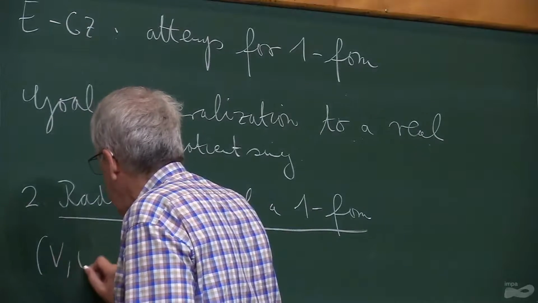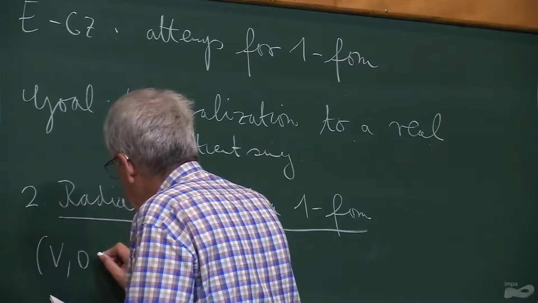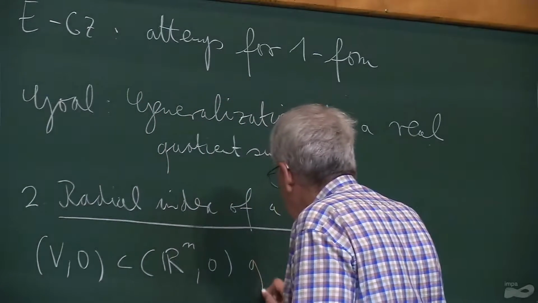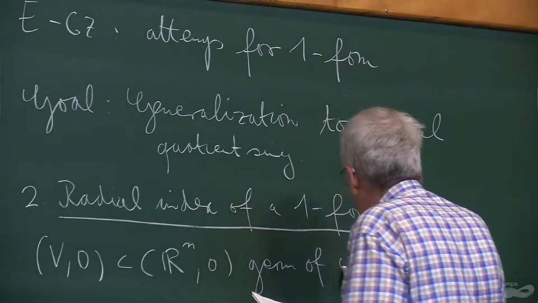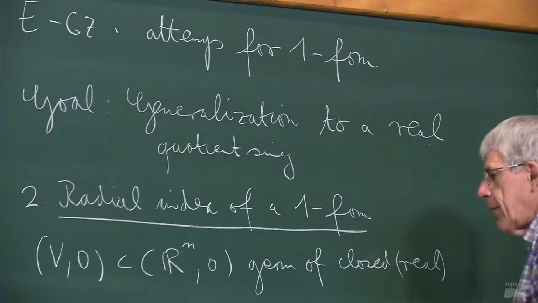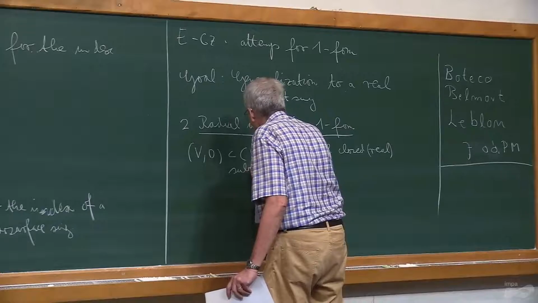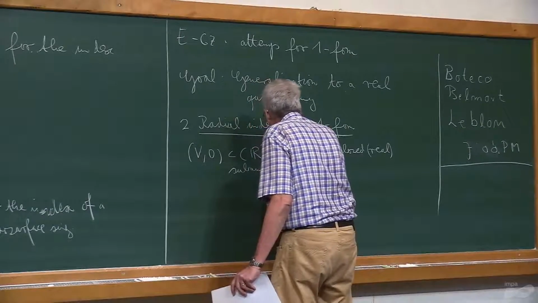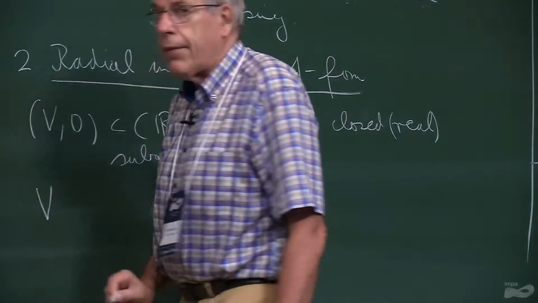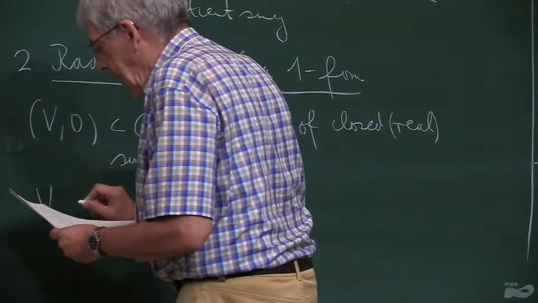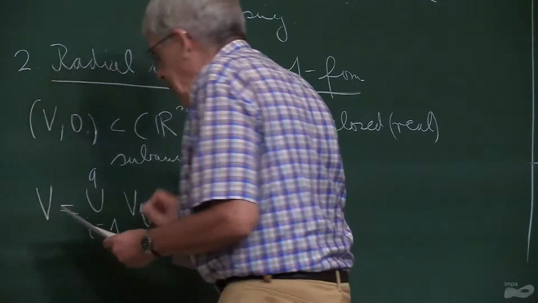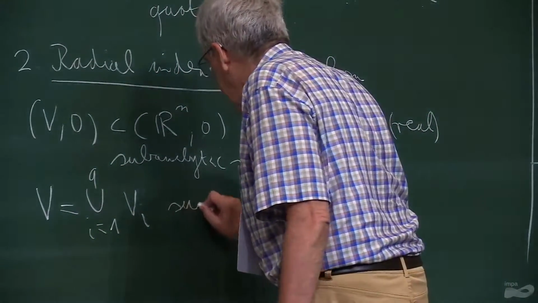So we consider V, the germ of a closed real subanalytic set in R^n, and this is equipped with a Whitney stratification. So V is the union of the V_i, a subanalytic Whitney stratification.